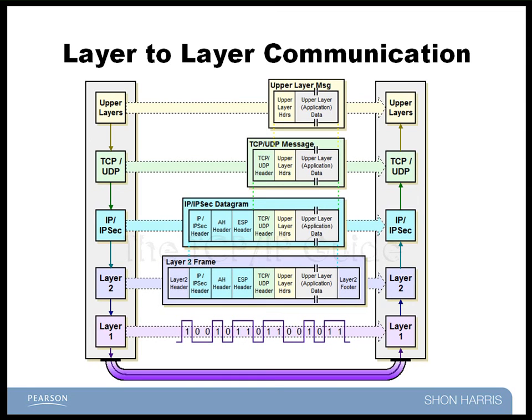It's important to consider the layer-to-layer communication aspect when thinking about IPsec. The services offered by IPsec ride directly on top of IP and are parallel to TCP and UDP. Hence, ESP and AH are IP protocols and not TCP or UDP port numbers.